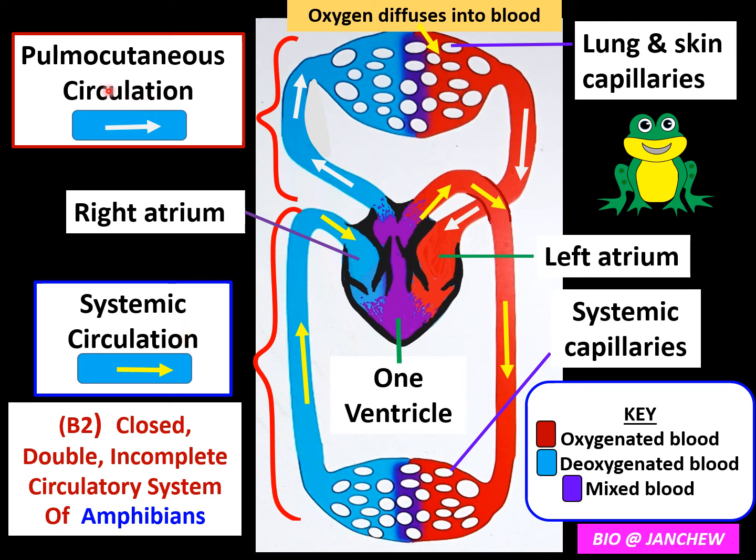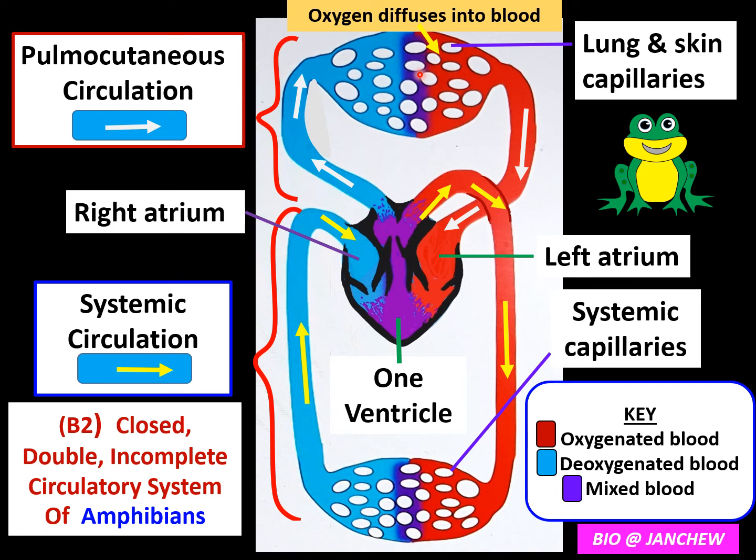Let's look at the first one. In the pulmocutaneous circulation, blood flows from the heart to the lung and skin capillaries and then back to the heart. Okay, so the deoxygenated blood flows out when the single ventricle pumps out the blood, and then the blood flows to the lung and skin capillaries where it receives oxygen.